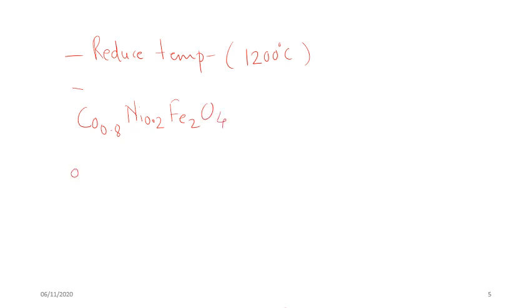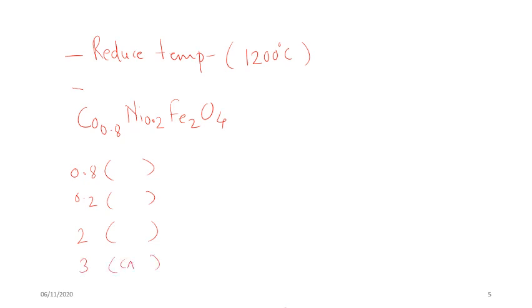In that case, 0.8 times the molecular weight of cobalt nitrate, 0.2 times the molecular weight of the nickel nitrate, plus 2 times ferric nitrate, plus 3 times whatever citric acid is there, that we can take.